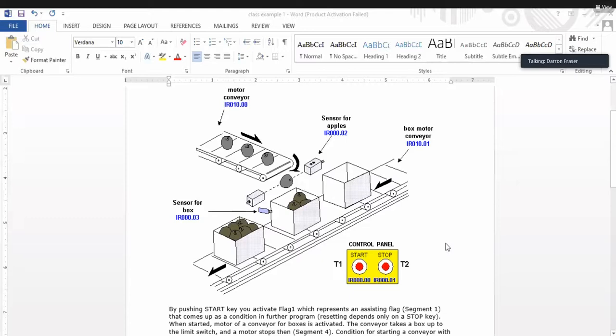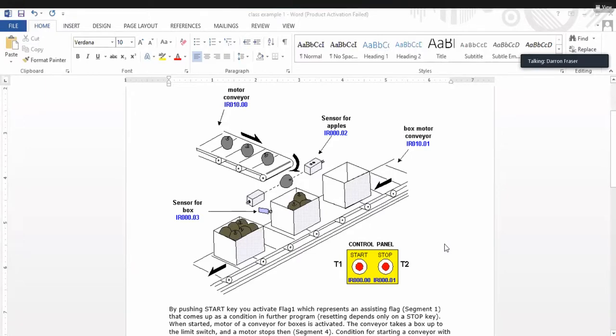Anything we're turning on? The conveyor and the motor. So the conveyor motors. I'm going to put motor B for box and motor A for Apple.